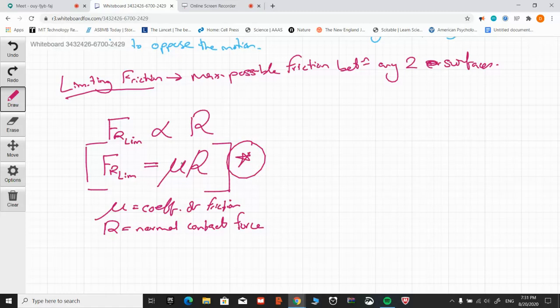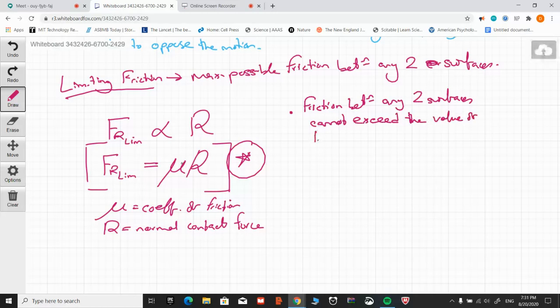Okay, so remember a few things. Number one, limiting friction is the maximum possible friction between two surfaces. And number two, friction between any two surfaces cannot exceed the value of limiting friction.